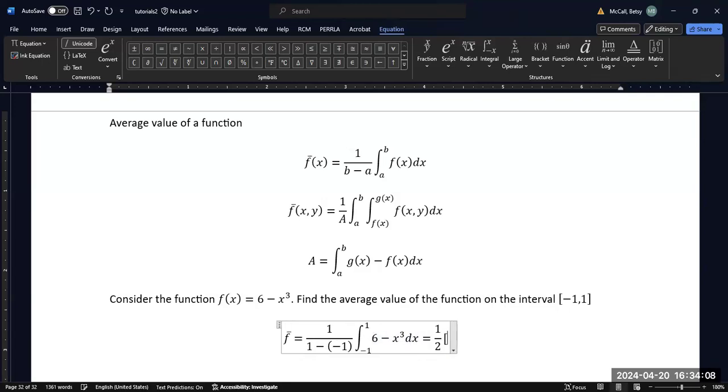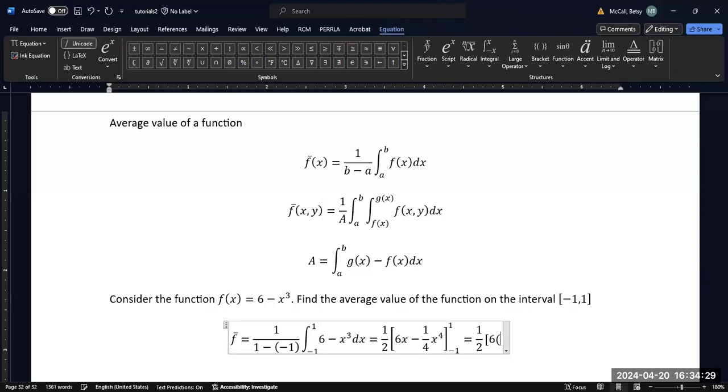So we're going to get 1/2. And when we do our antiderivative, we get 6x minus 1/4 x to the 4th from -1 to 1. And so let's plug those things in.